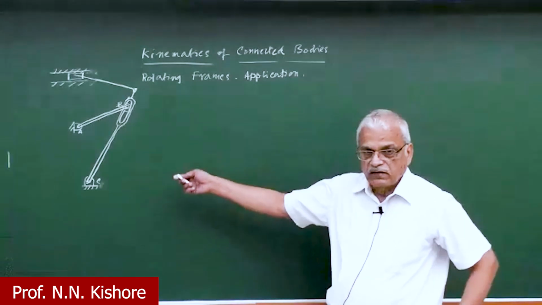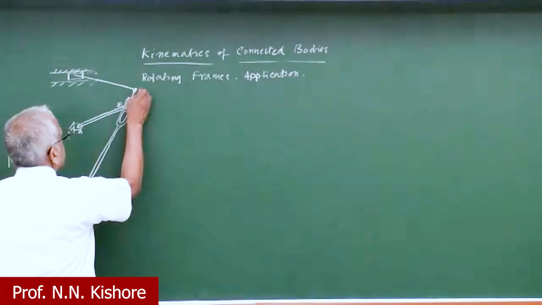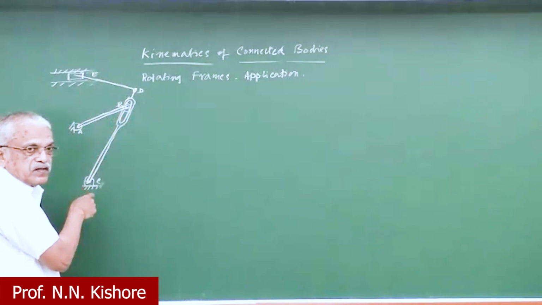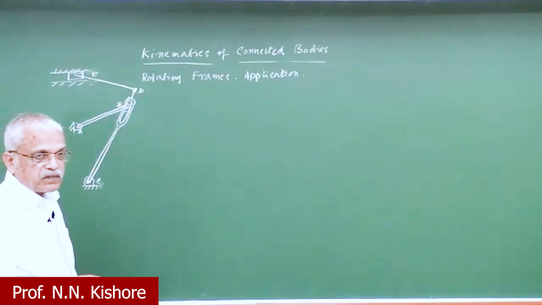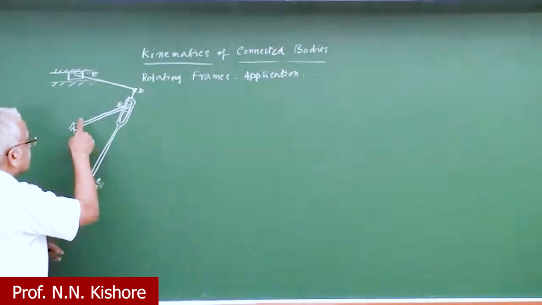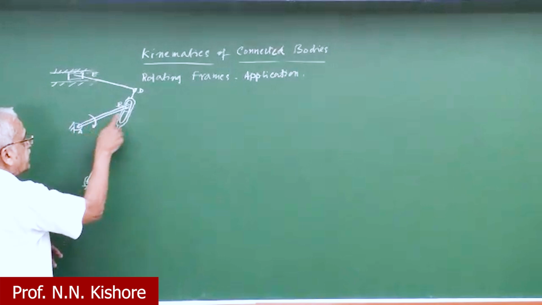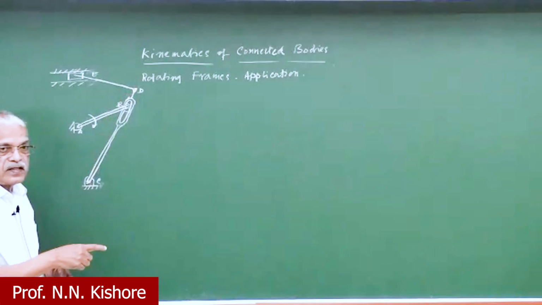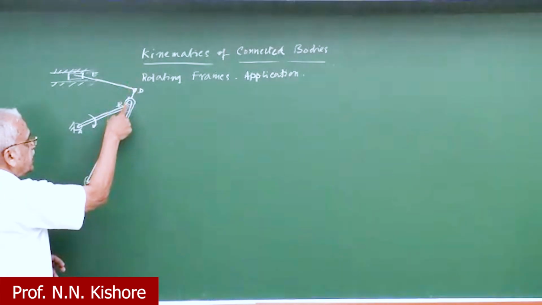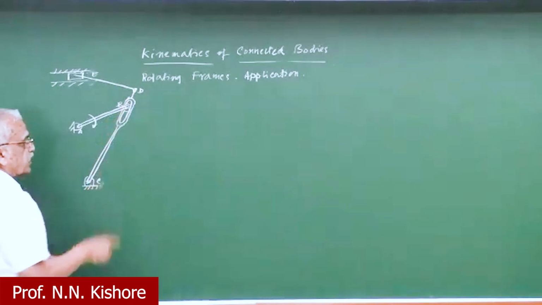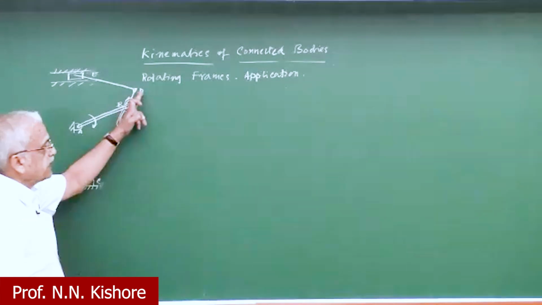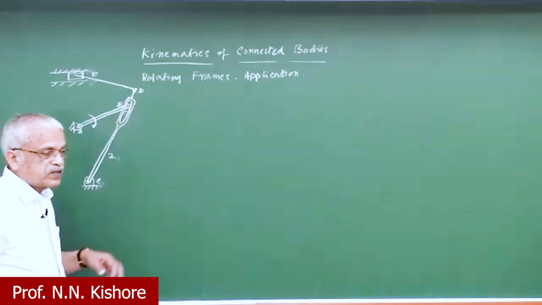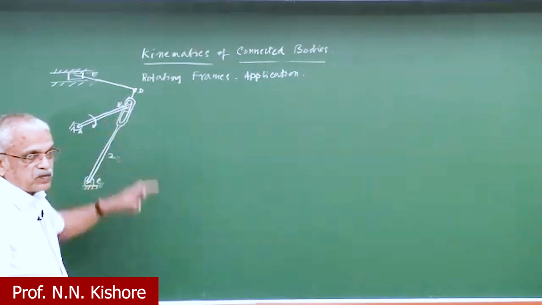In which the connections are C, B, D, and E here. This ABC is one system of connected bodies. So if this is rotating in some manner, this point B here is not a hinge on the CD. CD is one link, whereas B has a slider, which is going to move in a slot on the link CD, which you call 2. So in link 2 there is a slot, and this point B is going to move up and down.